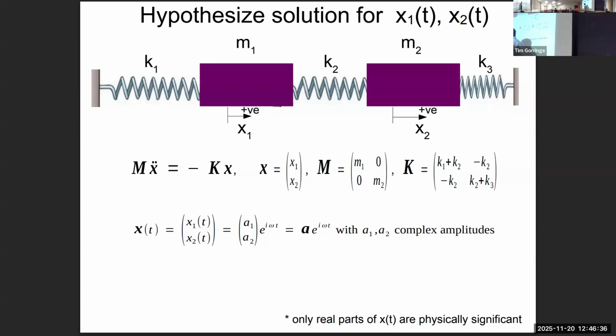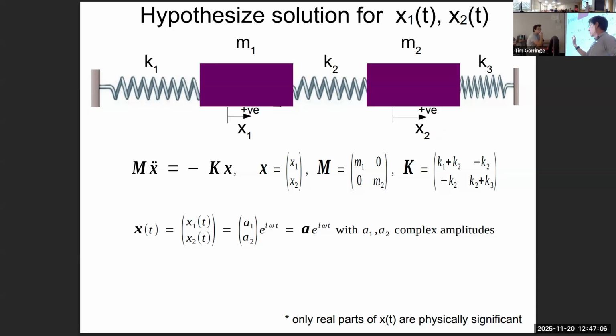To write that as an equation, here's my vector x. It contains the two functions of time, x1 and x2, in the column here. I'm hypothesizing that these functions, x1 and x2, are sinusoidal.